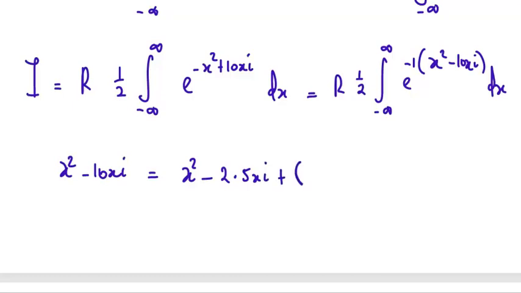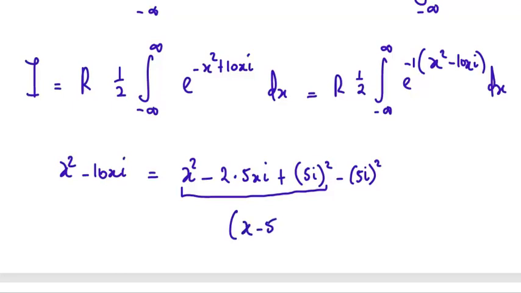Don't forget we need to subtract the 5i squared. So this part is a perfect square, which is x minus 5i squared. Then 5i squared is negative 25, and minus negative 25 gives us plus 25.